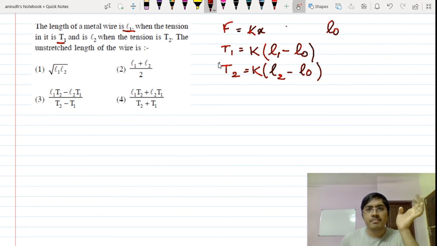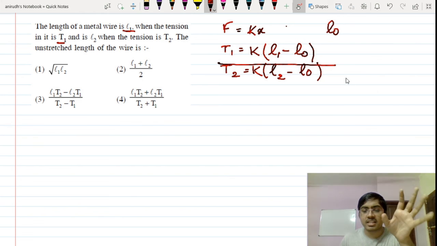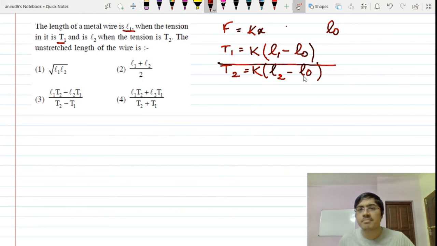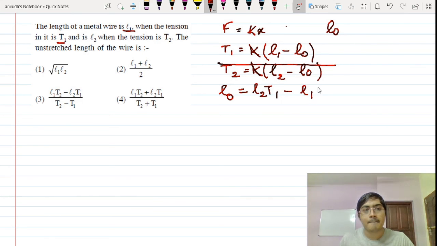Now what you can do is simply divide this. If you do this, it's a very simple calculation. Finally, you will cancel off this K, and you will get the unstretched length, that is L0 is equal to L2 T1 minus L1 T2 divided by T1 minus T2.